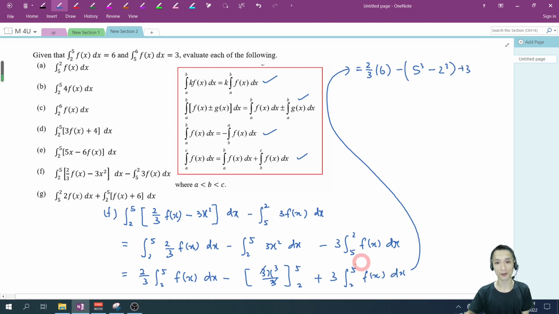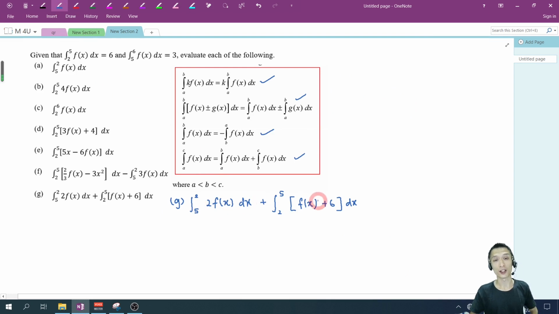Integrating this part will give you 6. Now let's use our calculator to get the answer for this part. You should be able to get negative 95.